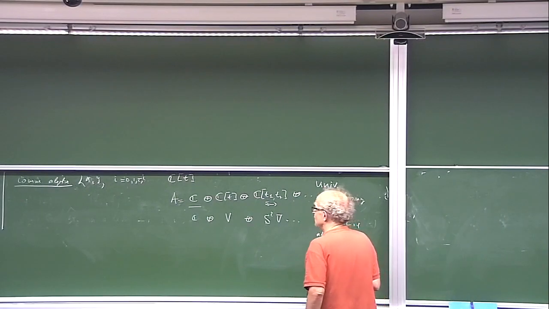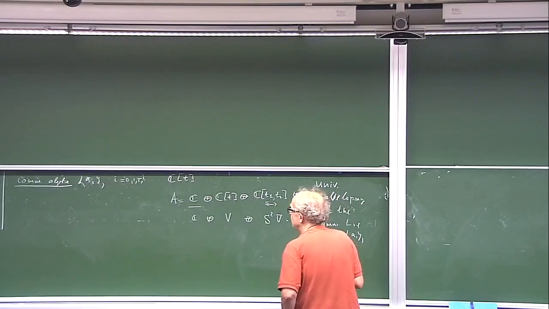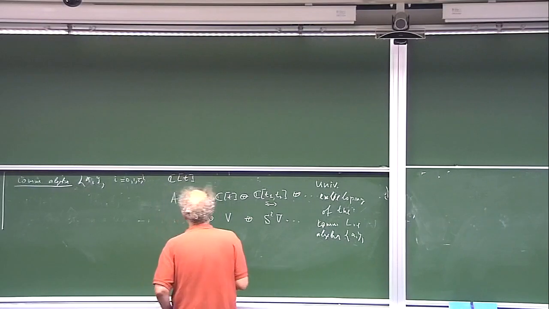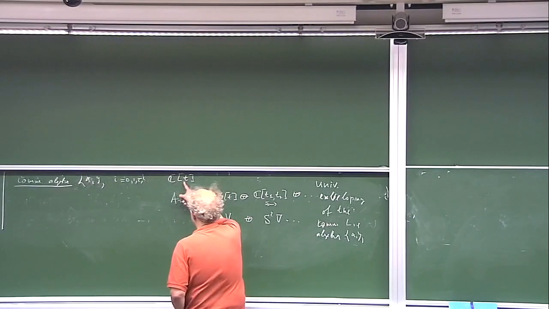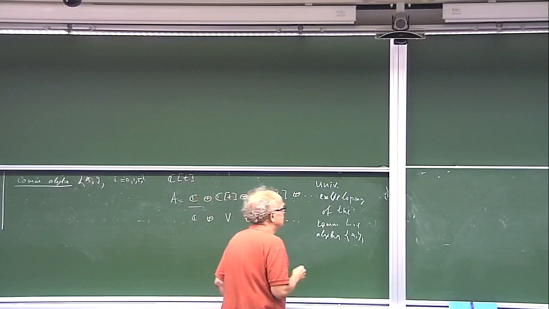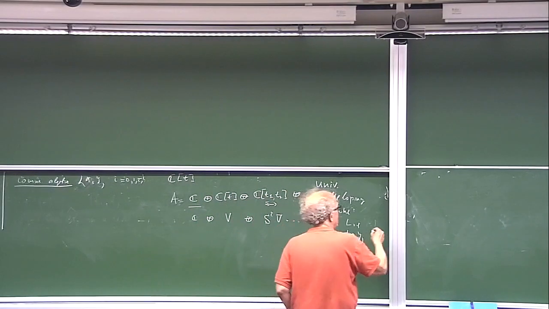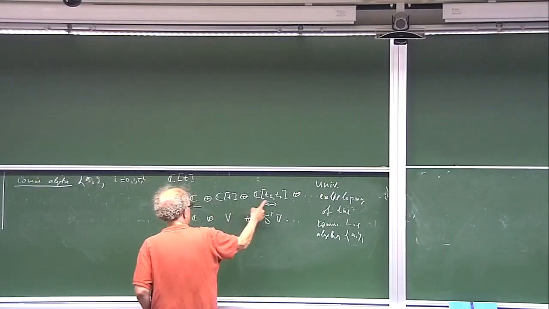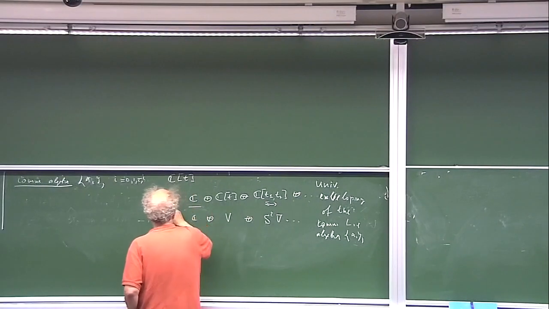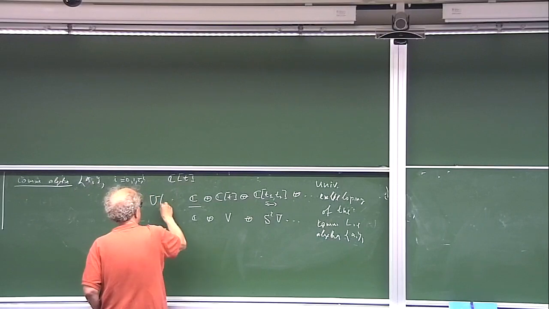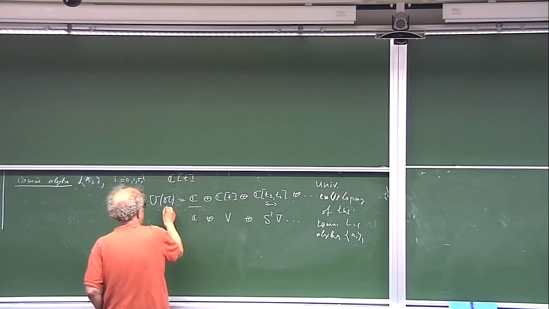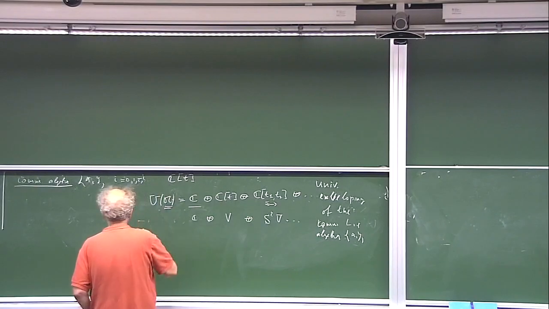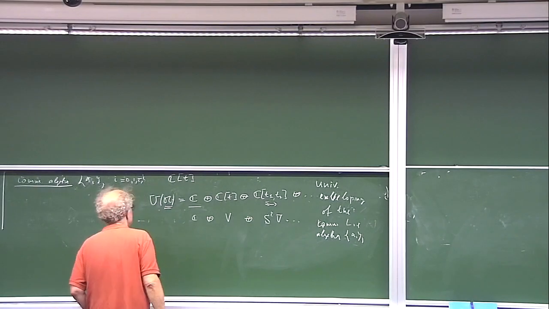Okay. Then what can we say about this Lie algebra, this notation? So this is the universal enveloping of a Lie algebra, and let me denote this Lie algebra by A, maybe Gothic A.